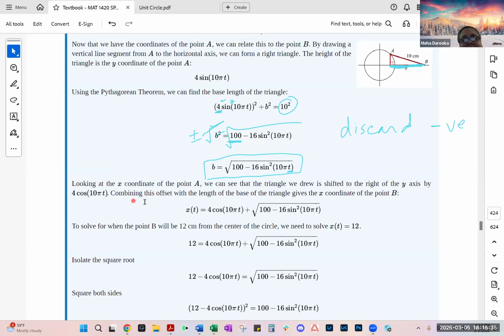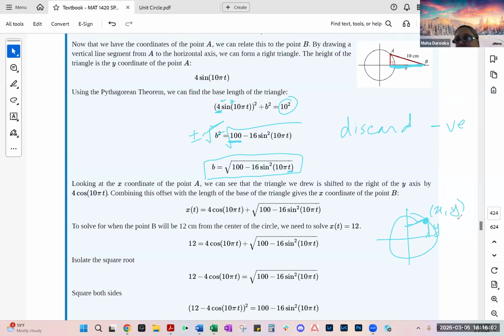So we are basically saying, if we take this offset with the length of the base of the triangle, this distance over here is given to us by the x coordinate of point A. As I was explaining to Ryder earlier, just imagine, this distance and this distance come from your x and y coordinates.